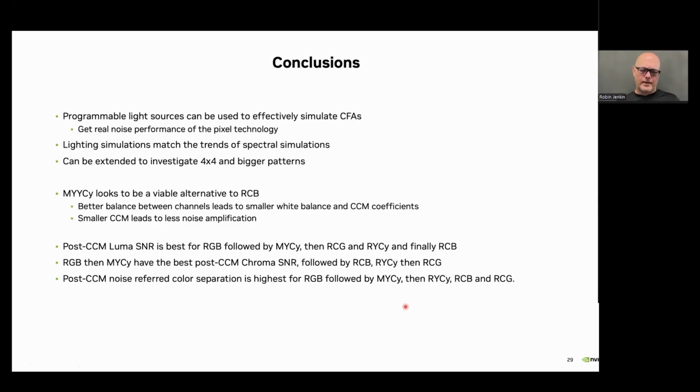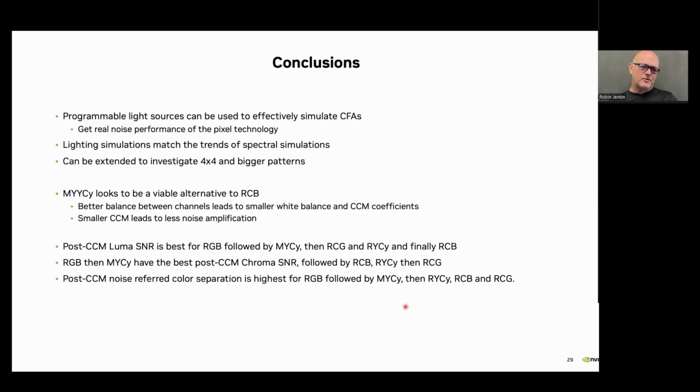You can create 4x4 or even n by n Bayer patterns. So you can look at what a 2x2 or a 4x4 or even a 6x6 cell could give you in different orders as well. So looking at better performance for demosaic and different CFA outlets as well.